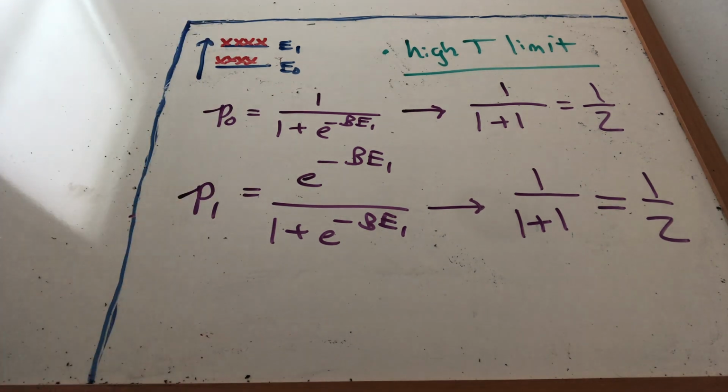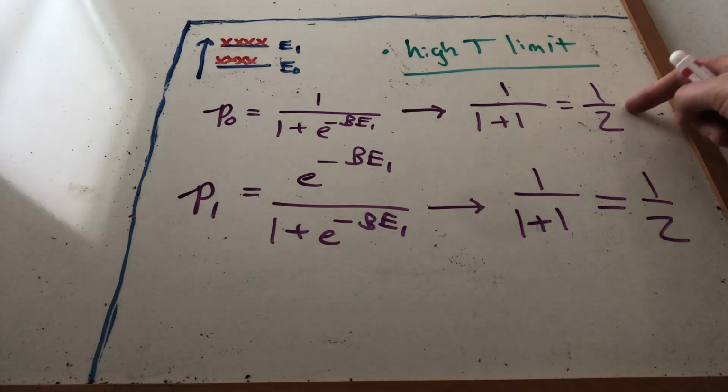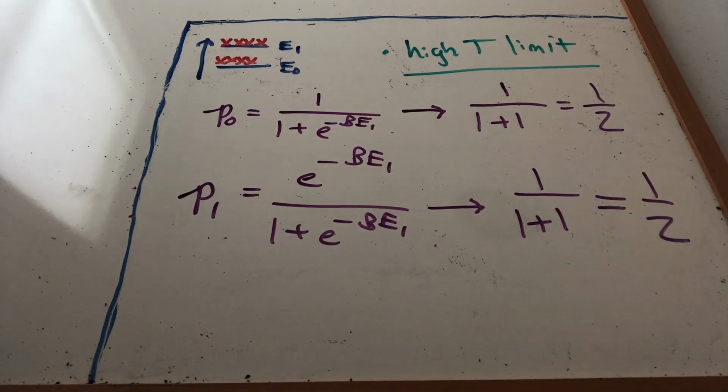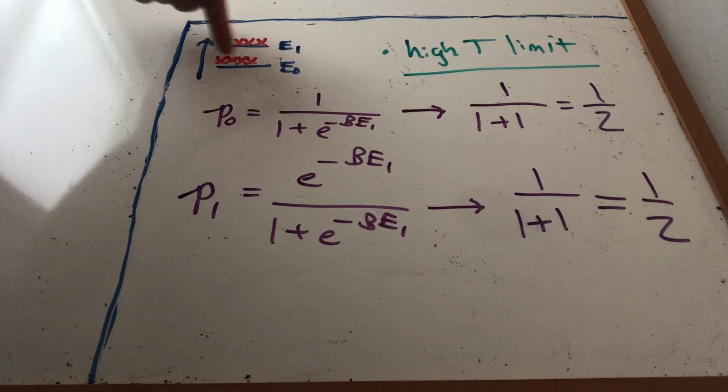What this supports, and what I'll state as fact, although it doesn't prove it exactly mathematically, is that you can never have a population inversion based only on temperature. The best you can do, the high temperature limit, is an even distribution. And this will apply even to our more complicated systems. You can't ever have like 5 little x's here and 4 here.